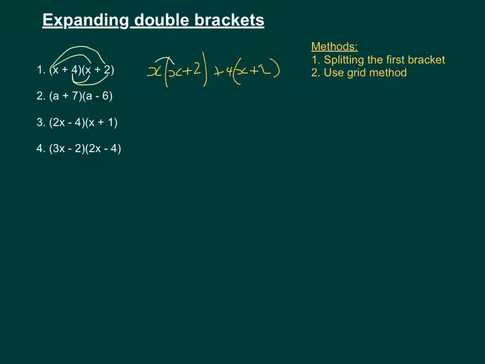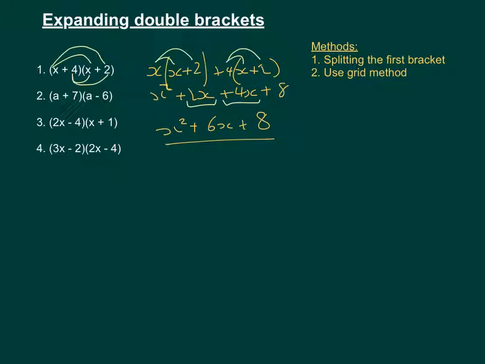We've got to expand this bracket, we're going to get x squared and 2x, and for the next one we've got 4 times x and 4 times 2, which is going to give us 4x plus 8. And then we need to collect the like terms, so these two are like terms, so we're going to end up with x squared plus 6x plus 8.